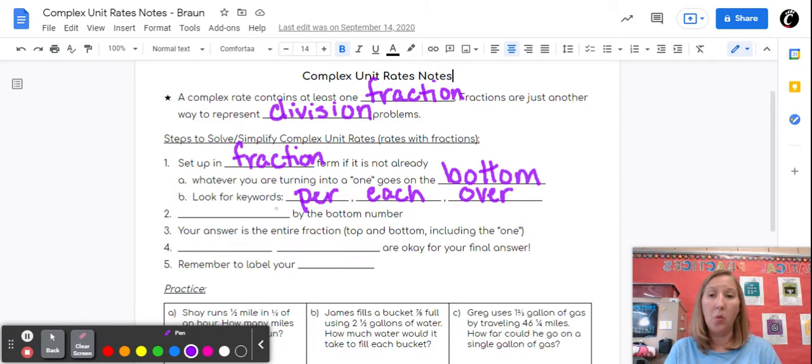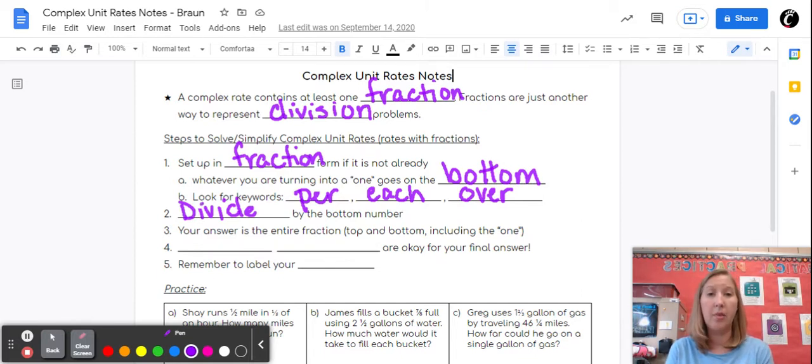Okay, so then once we set up our ratio as a fraction, our rate is in fraction form, and we figure out which one goes on the bottom, then we are going to divide by the bottom number. Then your answer is the entire fraction, the top and bottom, including the 1.